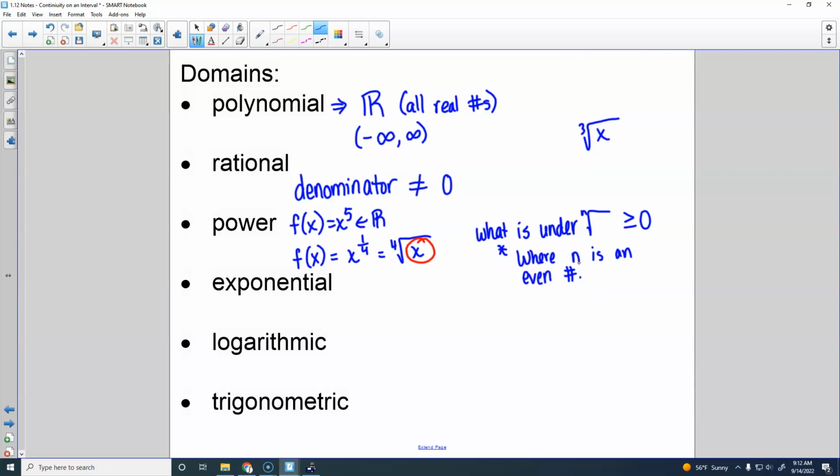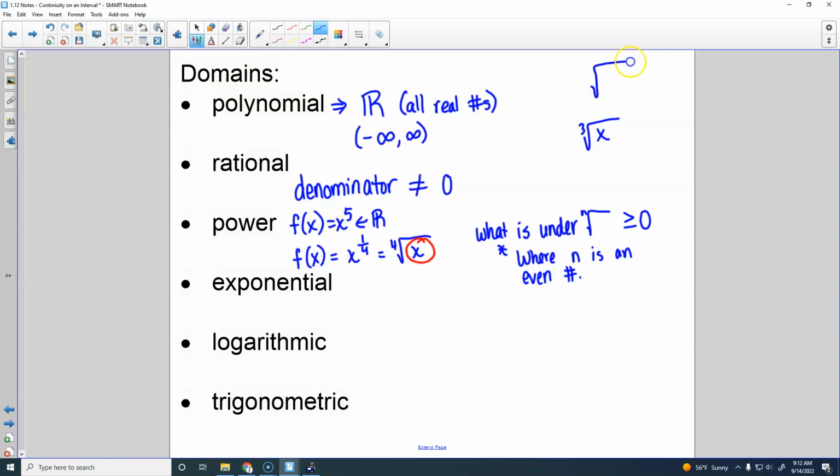Okay, so when we have roots, if it is an even root, a square root, a 4th root, a 6th root, an 8th root, and so on, then whatever's underneath the root has to be greater than or equal to 0, because we cannot take roots of negative numbers unless it's odd roots.